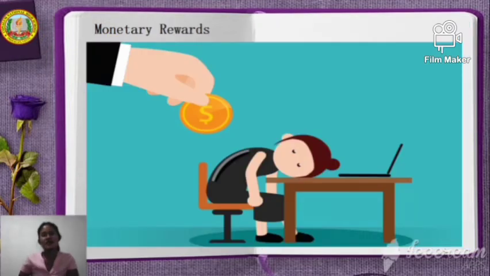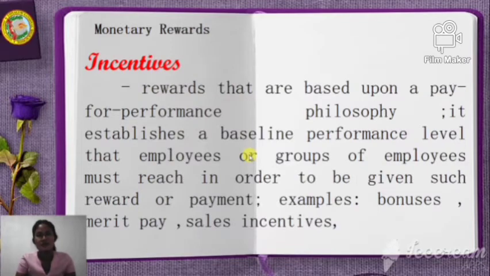Okay, so the next monetary reward is this. What does this picture show? Okay, so you can see there an employee. Let us say she's tired, and of course the employer is trying to give something to the employee. So the next monetary reward is incentives.